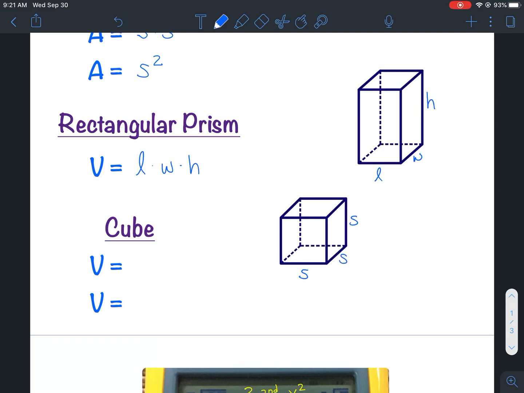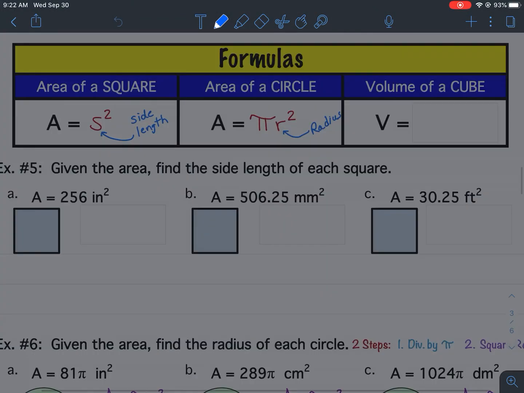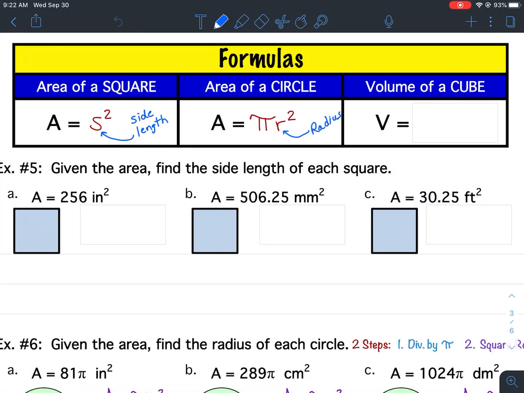Instead of length times width times height, it'd be side times side times side. Simplify that and you get side length cubed. So the formula for the volume of a cube is S cubed, and again, that S stands for the side length.